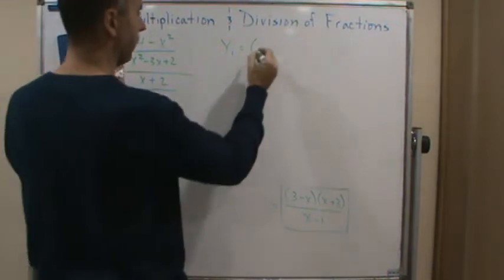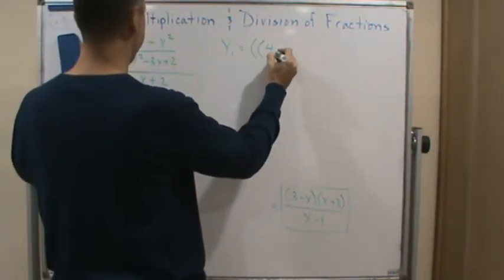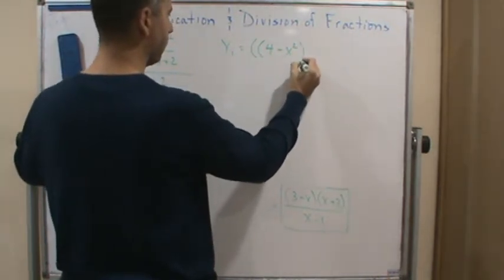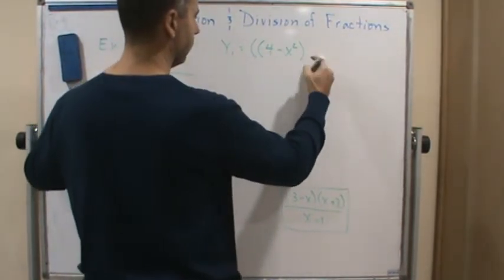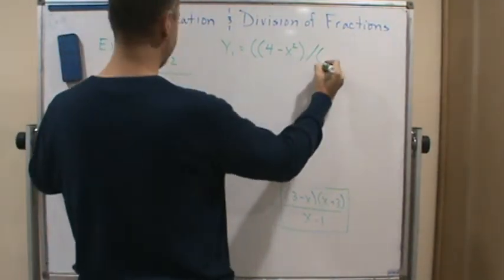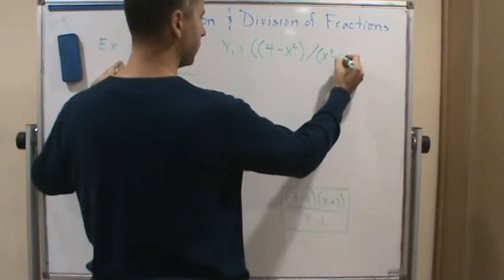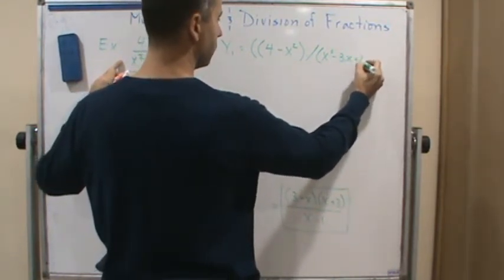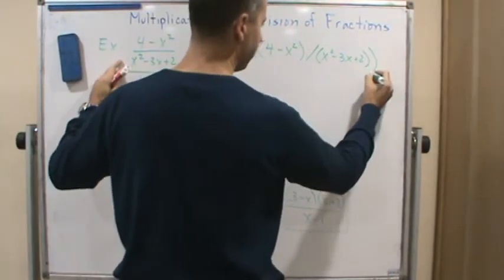And then another parentheses for the top one, and you'd have 4 minus x squared, end parentheses, and then you'd have divide, so you'd have your slash mark for division. Then you'd have another parentheses for the bottom, and then x squared minus 3x plus 2, parentheses, and then you'd have to close the parentheses, right?